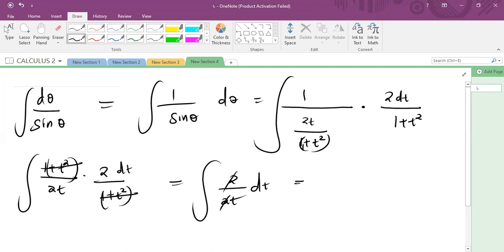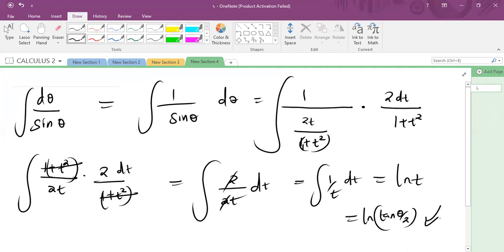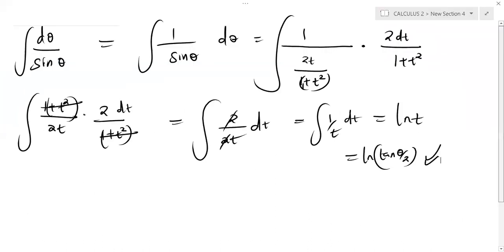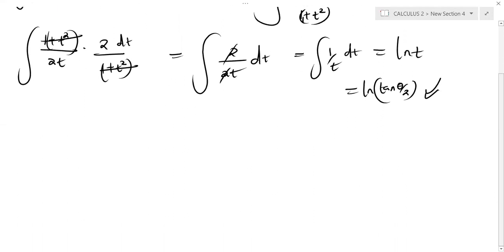The 2 will go, so that I have the integral of 1 over t dt. And what's the integral of 1 over t? It is ln t. But remember, we were using the substitution t is equal to tan theta over 2. So our final answer is ln of tan theta over 2, instead of t. That's how we go about it. So we transform the whole question into t, and the final answer, we write it back in terms of theta.